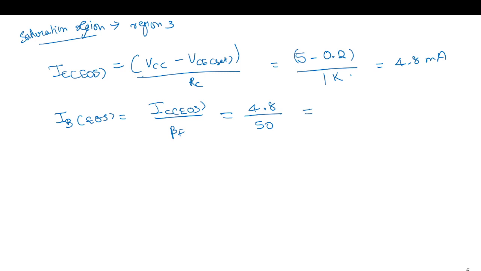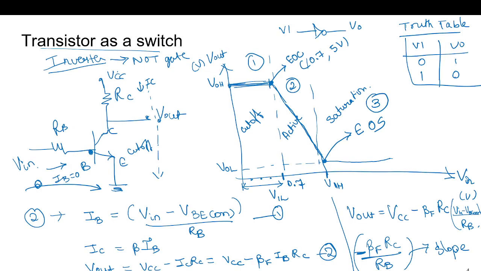For the hand calculation, we will consider some values. We need RB, which is 10 kilo ohm, RC is 1 kilo ohm, and beta forward 50.